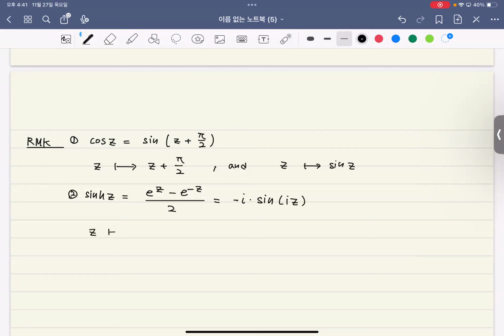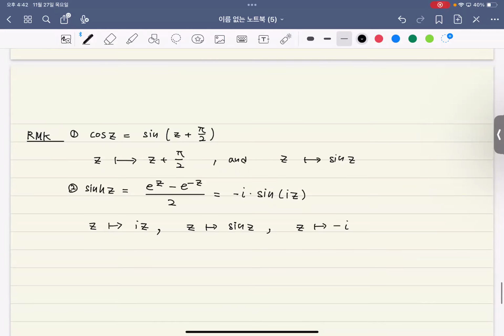So this can also be understood as a rotation by 90 degrees, then you take the complex sine function, and finally you rotate by minus 90 degrees. So you can still understand the complex hyperbolic sine as a composition of these three functions.